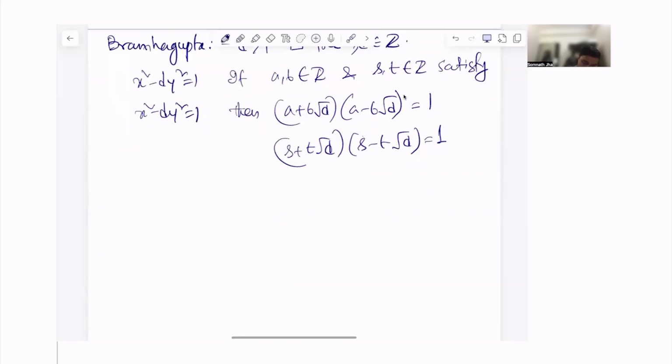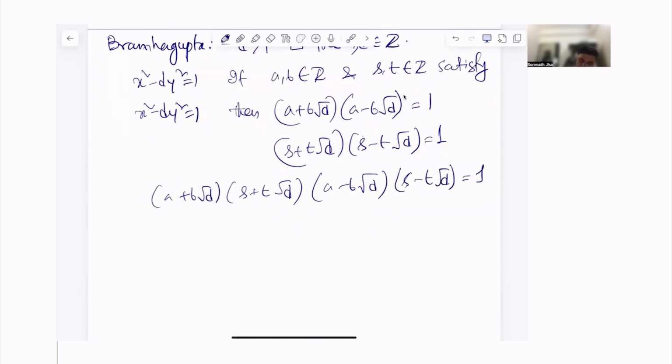If you multiply this here, you get (a + b√t)(s + t√t) and (a − b√t)(s − t√t) equal to 1. So this is just taking the product of these two solutions.